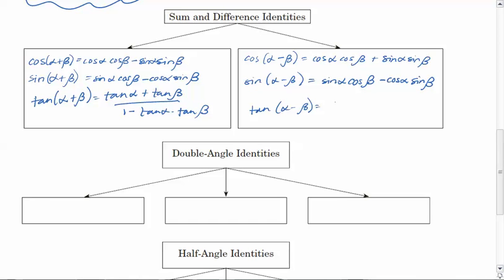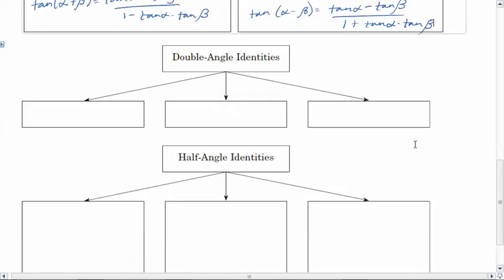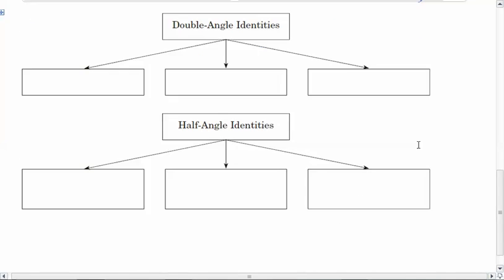That's going to equal tangent of the first minus, because it's the opposite, tangent beta all over 1 plus, because it's the opposite, tangent of alpha times tangent of beta. So those are the sum and difference. Again, for this one, the great ones to remember are the sum, because the difference is just going to be the opposite.